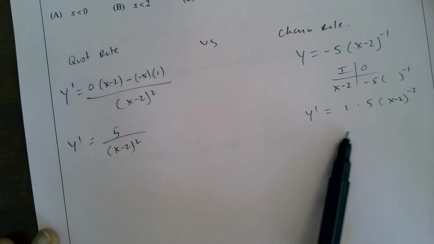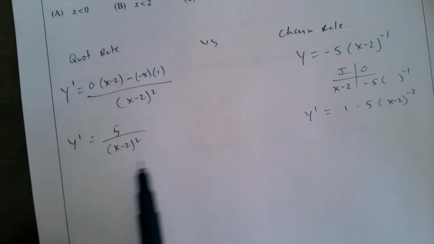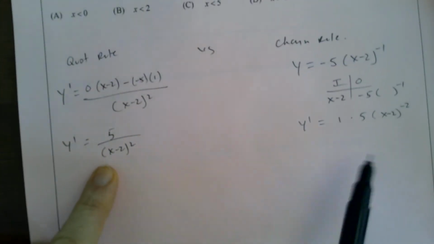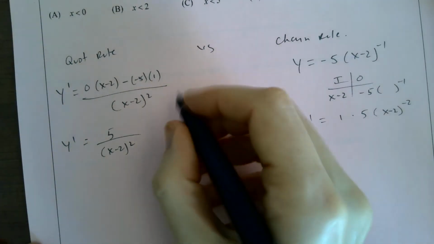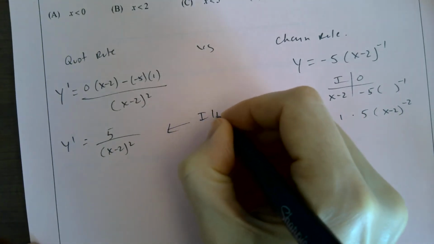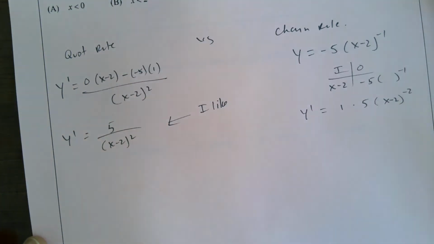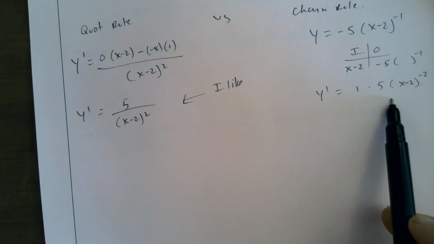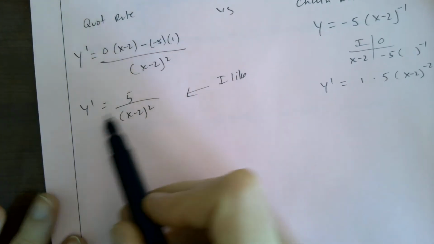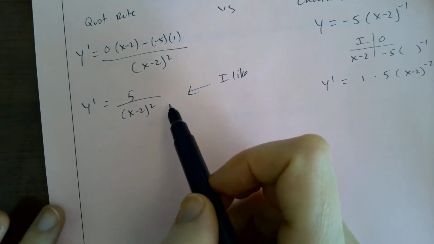You end up with the same thing. I guess I kind of like the quotient rule better. Well, you could do either way. I'll stick with this quotient rule.